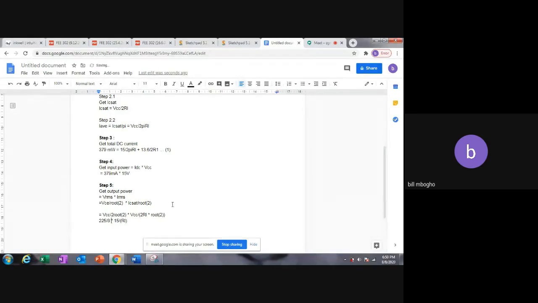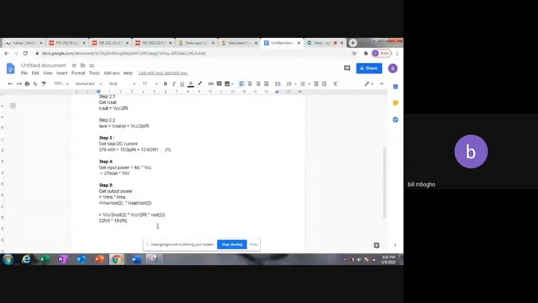Actually, it's 8. I'm sorry, it was not too clear. I hope it's 8. 2 root 2. Let's just put it in a calculator. 2 root 2 times 2 root 2. 8. Yeah, we are actually correct.